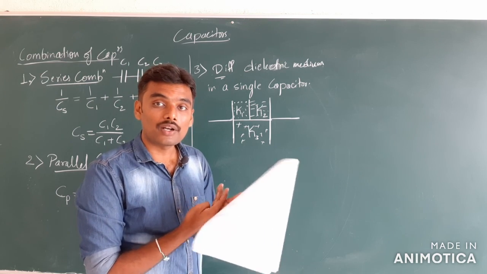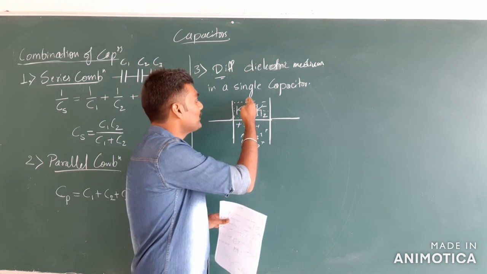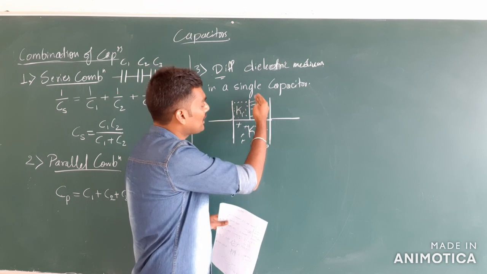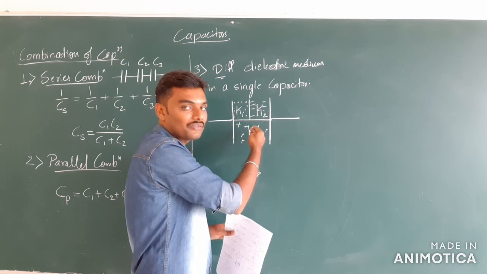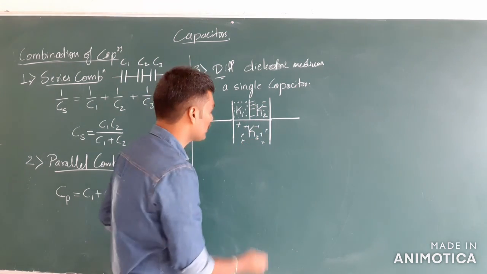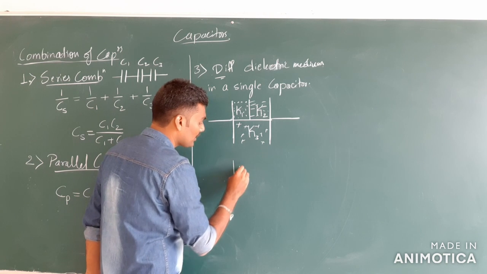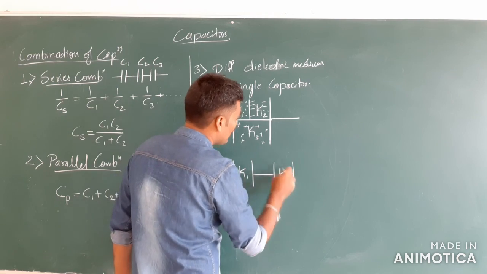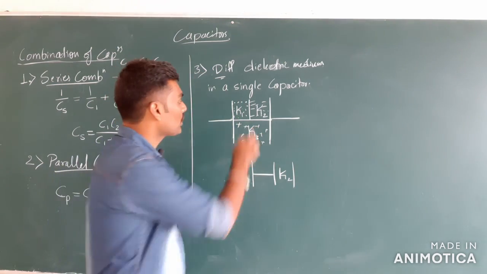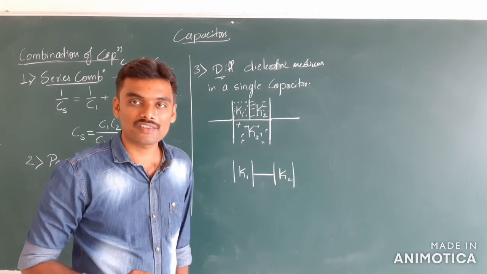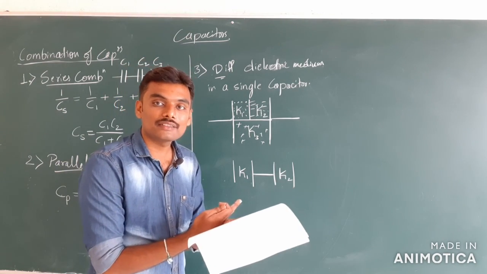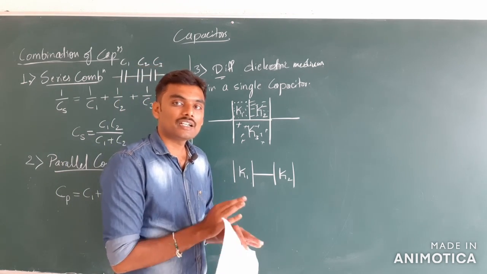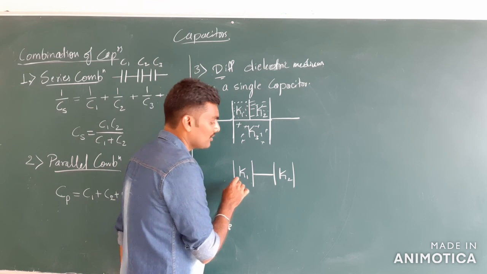Instead of that physical contact, even if we place a metallic plate here at the left end of K1 and another metallic plate here at the right end of K2 and connect them using a wire, like this, even then the electrical property of the combination remains the same, isn't it? Direct physical contact or connecting them using plates and wires, the electrical property will not change, the potential will remain the same.